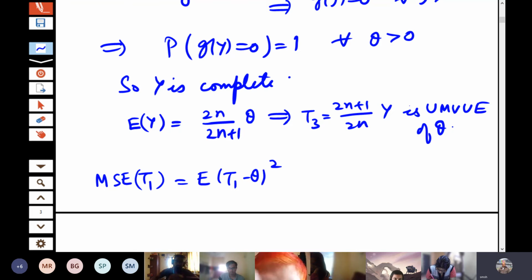Okay, so please write down the mean squared errors of T1, T2, and T3. In the case of T1 and T3, the mean squared error is the same as the variance of the estimator, because they are unbiased. Only for T2 you have to calculate separately.